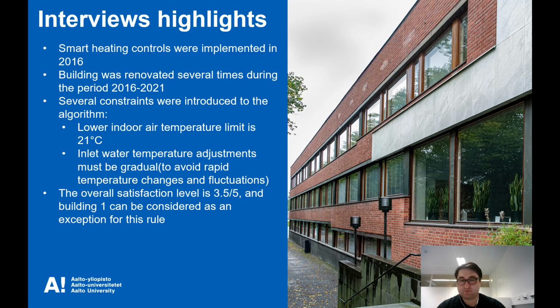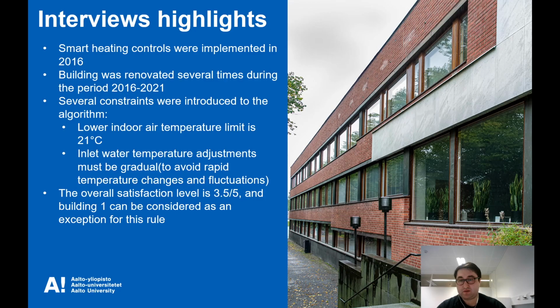Regarding building 1, it seems to be a problematic issue for many years. The smart heating system was implemented in 2016, and since then, many renovation works took place in the building. However, satisfaction levels remain low. From the discussion, I should mention that the smart heating system algorithm has introduced new constraints.